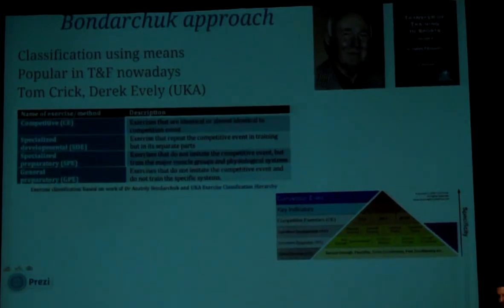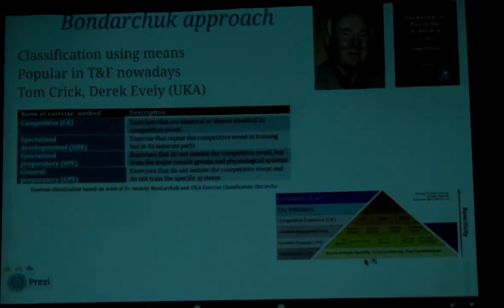So all the stuff they do over here is categorized differently. So the competition event, CE, or actually running the 100-meter distance, is the most specific aspect, and going back to the general might involve general circuits, strength circuits, stretching, coordination, and stuff like that.